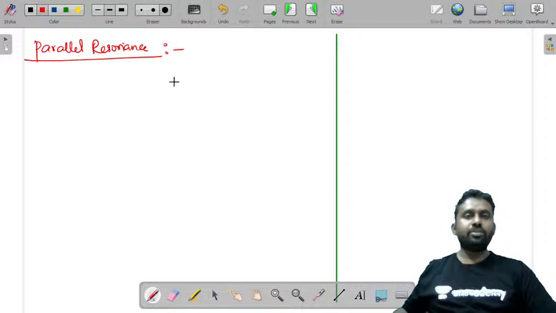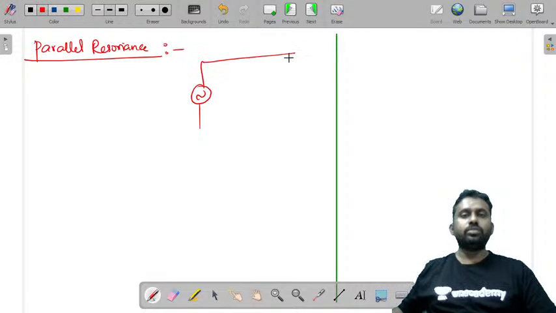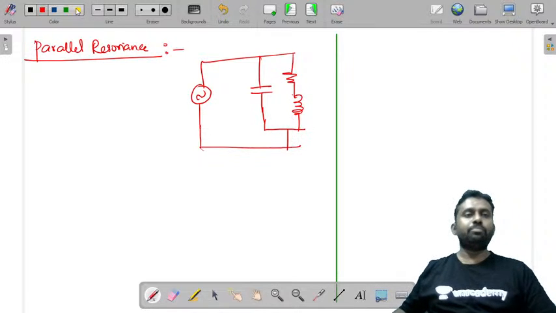I'll consider this circuit with a supply voltage, a coil, that is resistor and inductor, and a capacitor. So this is the supply voltage Vs, this is capacitor XC, and this is R, and this is XL.